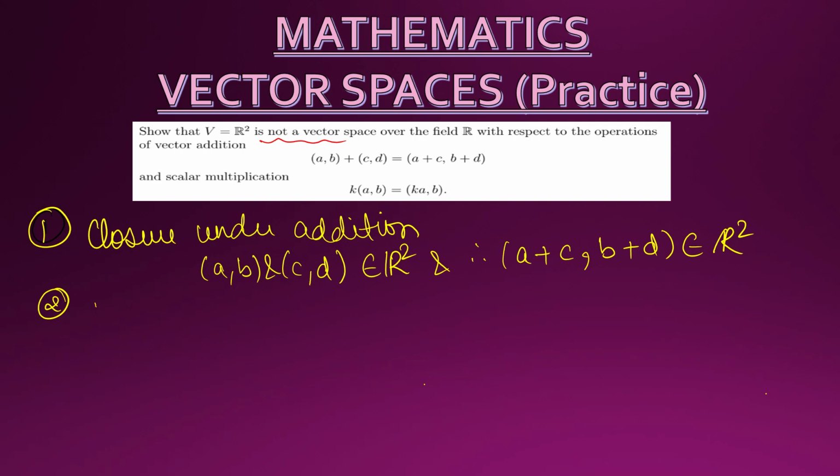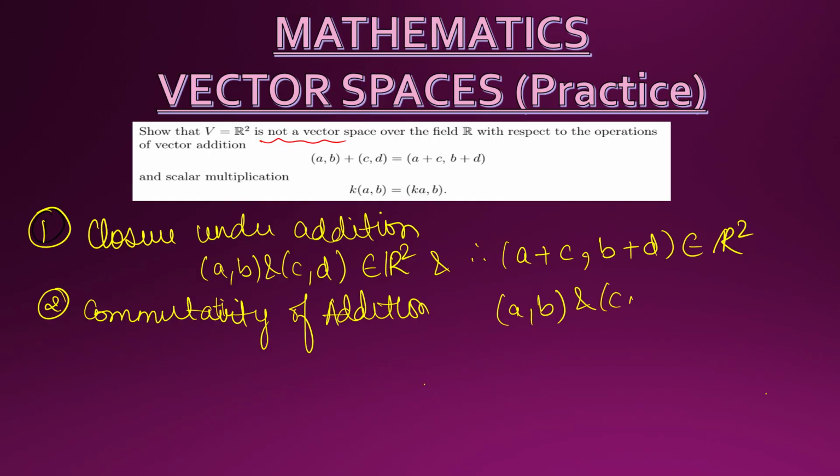So next, commutativity of addition. In this we'll say A comma B and C comma D belong to R square.